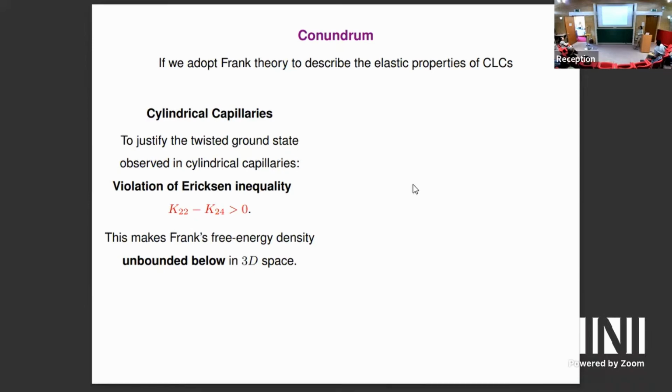The elastic constant K22 must be very, very small, so small that it is less than the K24 elastic constant, in order to violate one of the Ericksen's inequalities, which has been proposed in order to ensure that the free energy is bounded below.